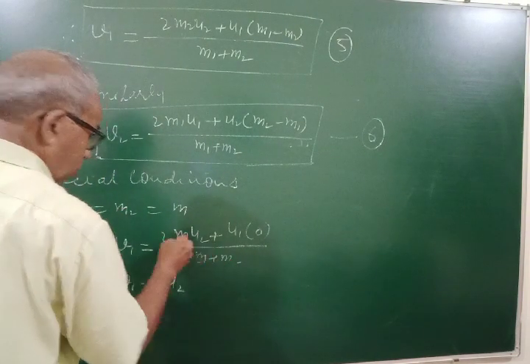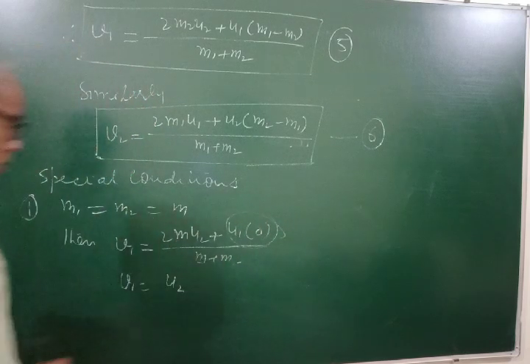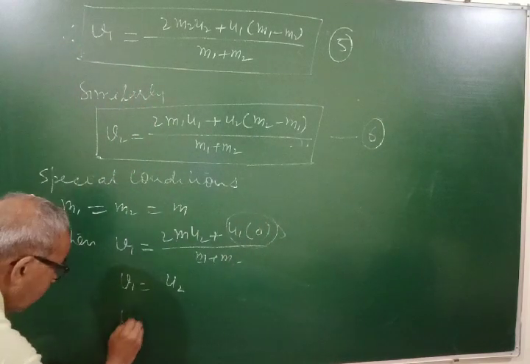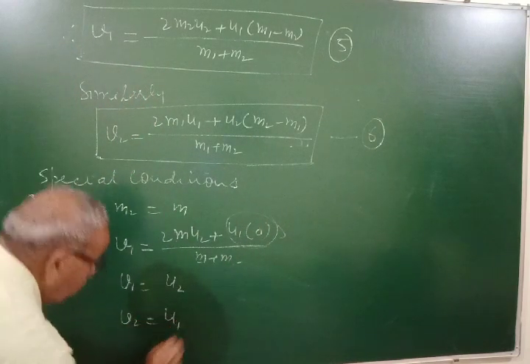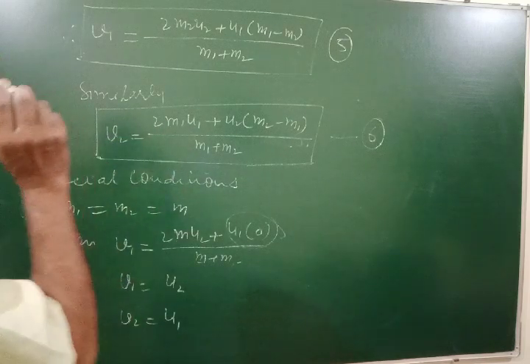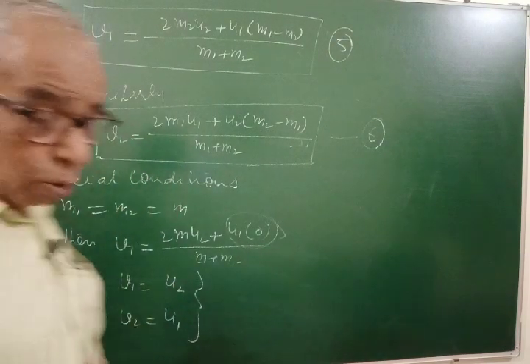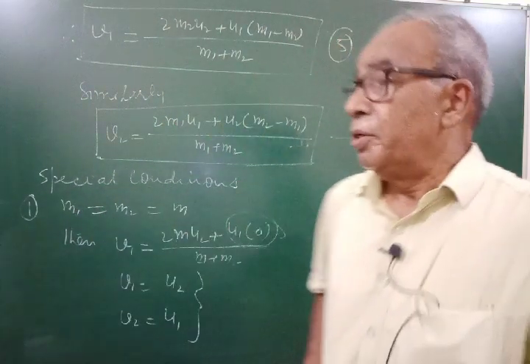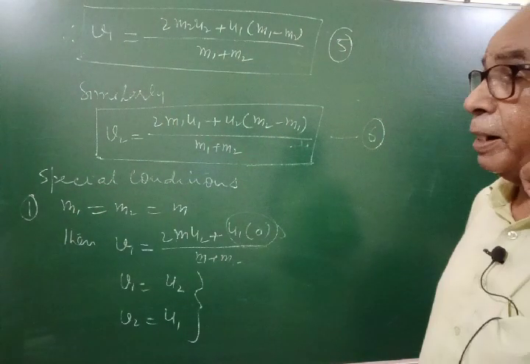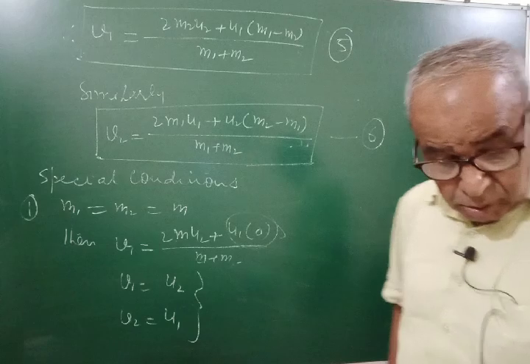Because the 2m term can be 0. And v2 similarly becomes u1 if you put it here. What does it mean? This is a very important result, for practical purposes also.